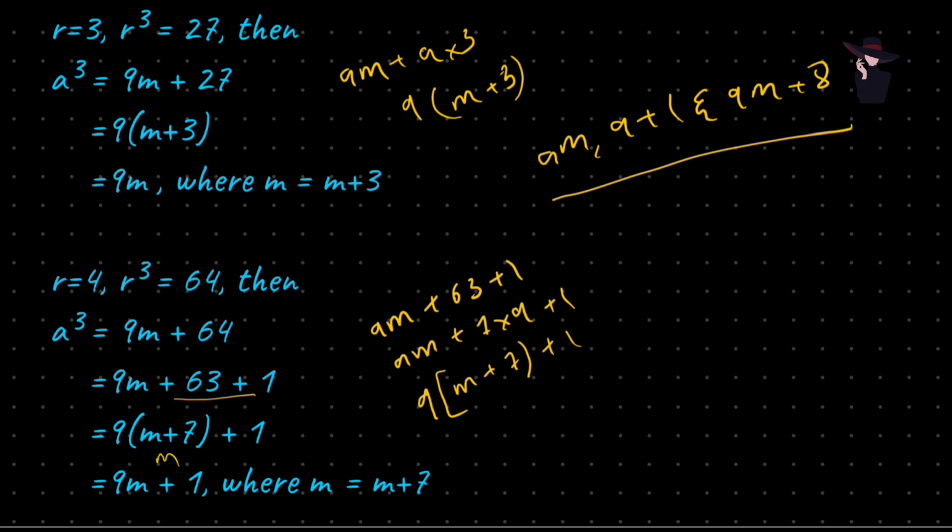This is how we are going to do this. We need to take it in the form of 9m, 9m plus 1, 9m plus 8. So it cannot be 9m, so it is 9m plus 1, where the new m is m plus 7.